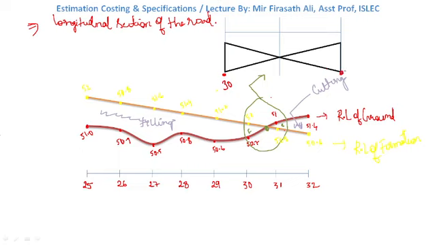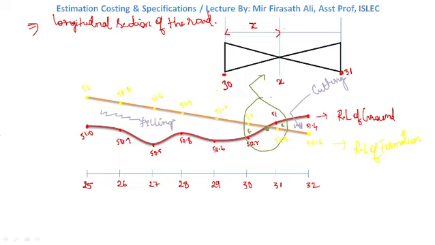This is our 31 station. In between the 30 and 31 stations, we are assuming one more station, let us take it as x. If this distance is x, let us consider this distance as x.